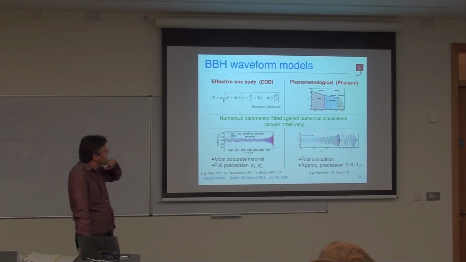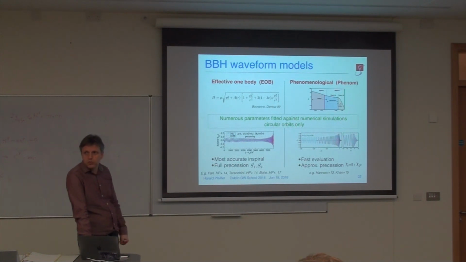There are two big families of such models around. One goes under the name effective one body models. The other goes under the name of phenomenological models. And all of these have a large number of free parameters built in, and all of these are fitted against numerical simulations of the last 10 orbits or so, merger and ringdown of the black holes.